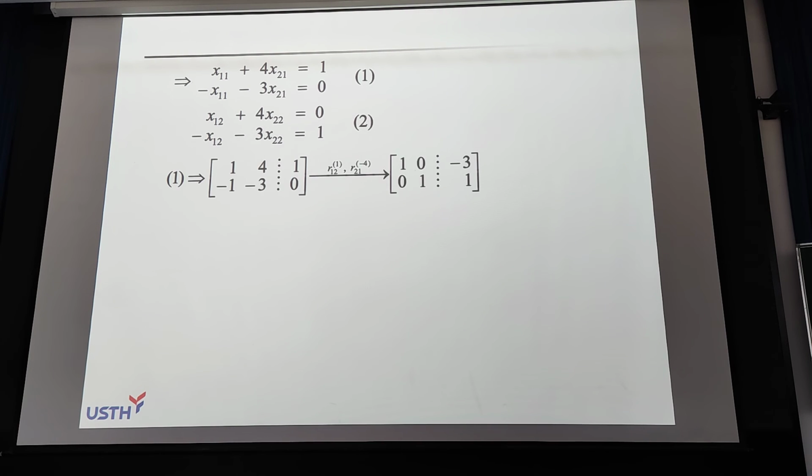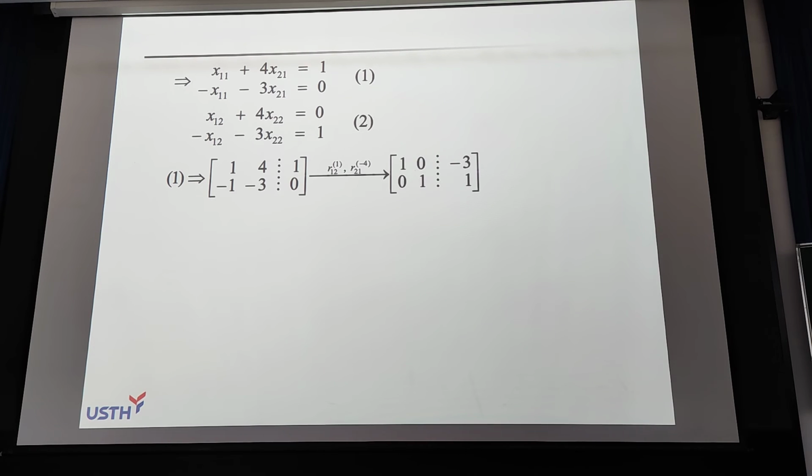And here you can apply that operation. You turn that coefficient matrix into that one. So that is the way we solve the first system of linear equations.